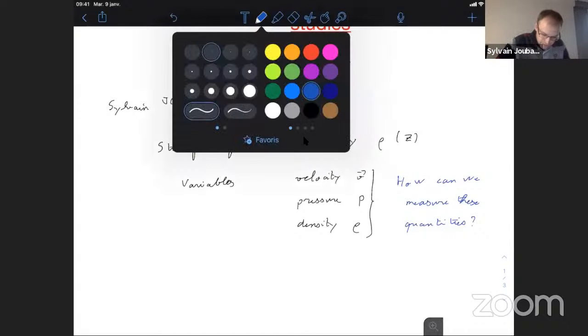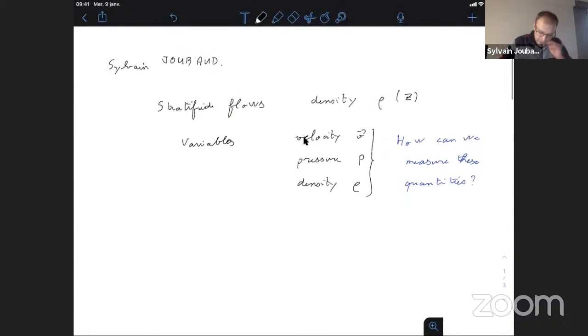I will go a bit more into detail on the density ρ. Basically we have two important properties. It depends both on the salinity, so we use variation of ρ due to salt, and the other one is due to temperature.